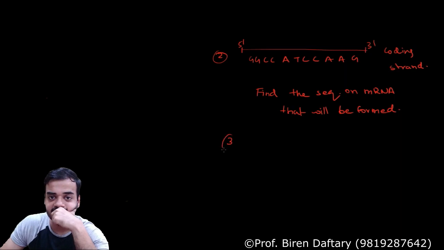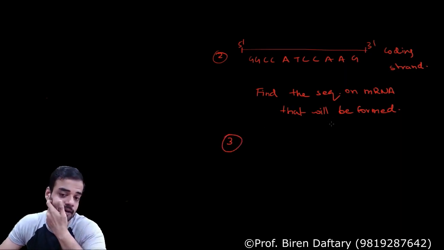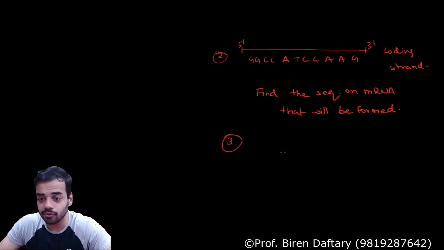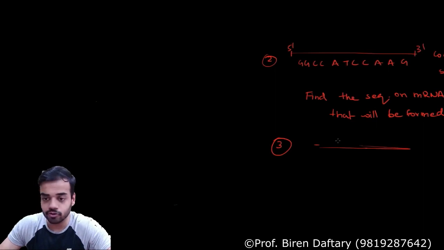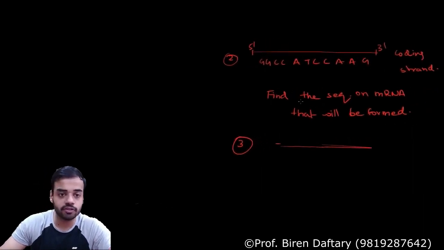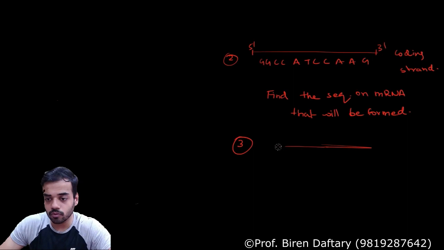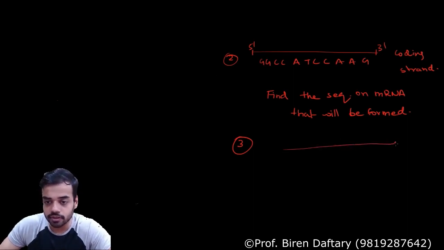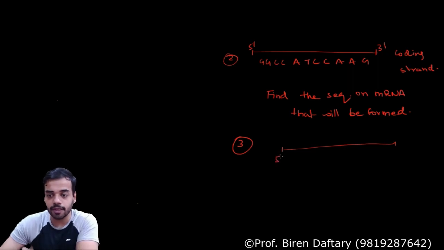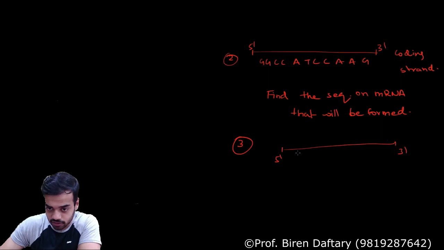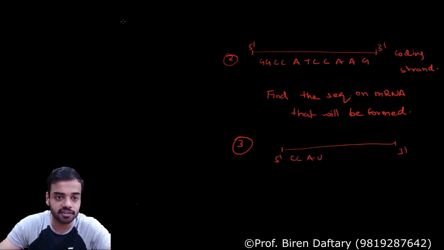Question number 3: I am going to give you another coding strand. It is going to be 5 prime to 3 prime, correct, and the sequence is going to be, oh, again I made the same mistake.